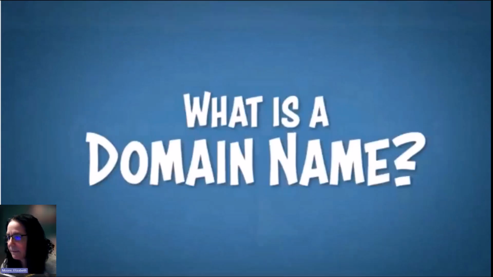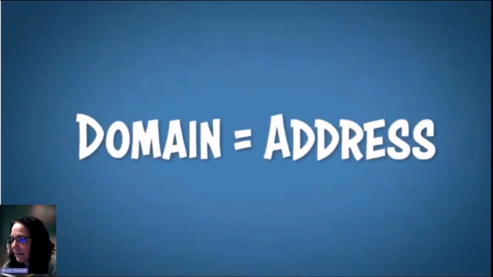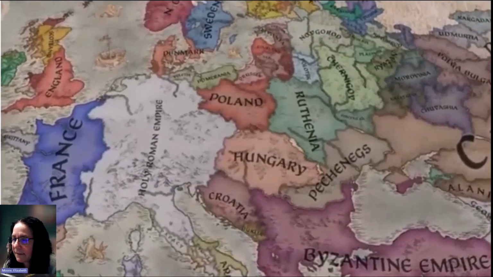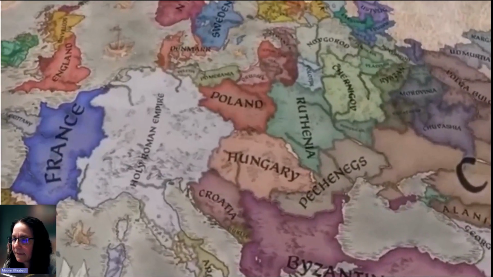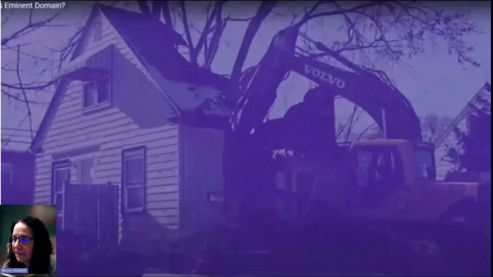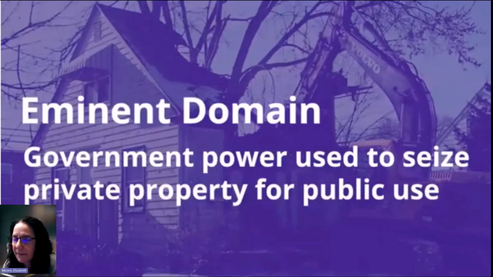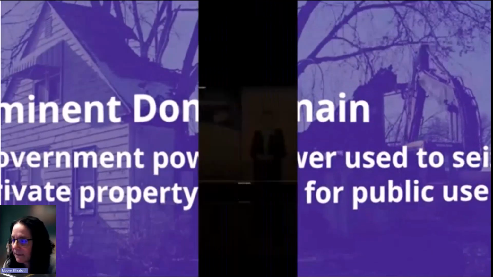Internet. Today I'm going to be explaining what is a domain name. So in the simplest terms, a domain name is just the address to your website. And today I want to discuss the domain mechanic. This is a mechanic that is returning actually. Today's tutorial will focus on understanding and managing your domains, or the land you own within your own realm. Eminent domain is the term used to describe the government's power to seize private property for public use.